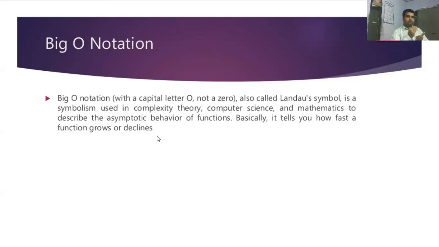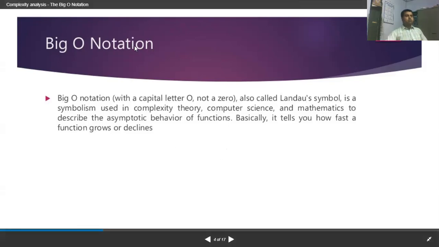If your function proceeds or increases rapidly, then you will see that the time complexity, in comparison to the others, is actually less. But if your function takes a lot of time in processing and obtaining the output, then the algorithm may be easy, but the time complexity increases. Okay, so this is what big O notation is all about.